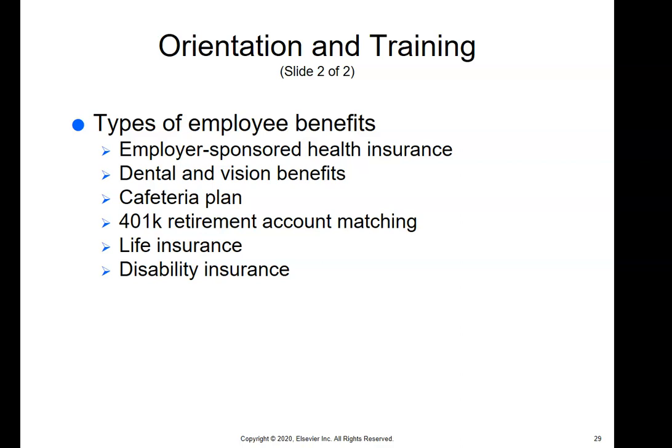The employer pays for a small life insurance policy to cover minimum after-death expenses. Disability insurance. A benefit employees pay for that pays them if they are disabled or unable to work. These are all examples of types of employee benefits that could be offered to a new employee.